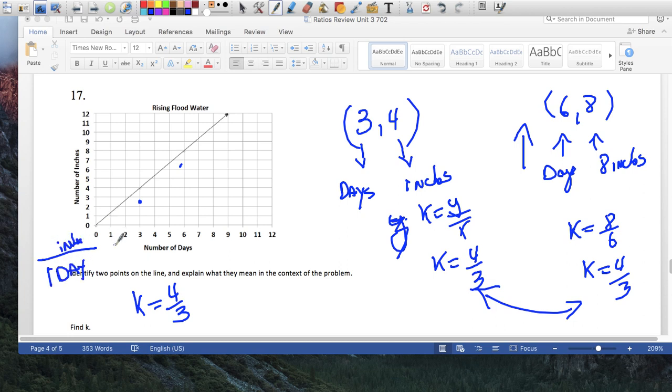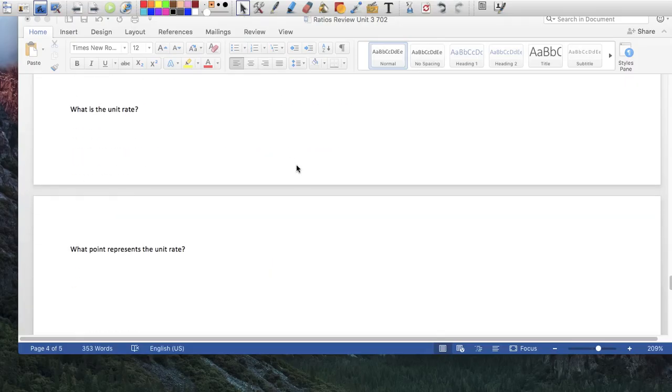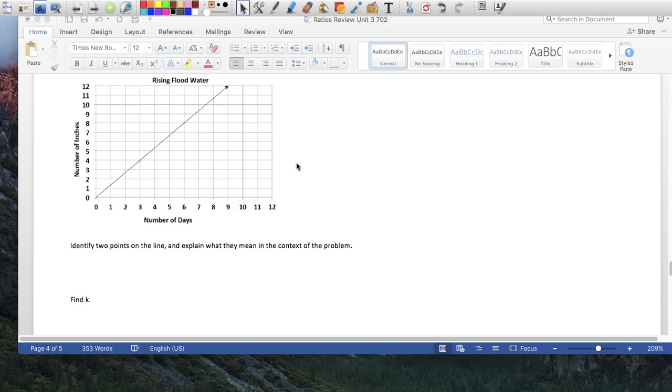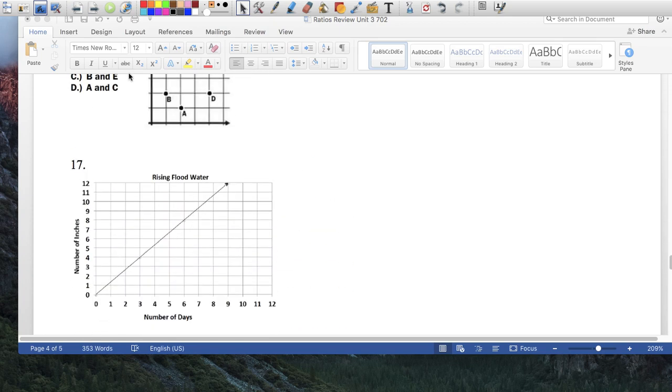The 1 is okay, but that point right there is a little bit more than 1, which is exactly what we found. 1 1/3 or 4/3, whichever one you want to write. So it's 1 1/3 inches per 1 day, which is exactly what we found. So you just got to be careful on some of the questions on the test, but it's pretty straightforward. Okay, that's it.